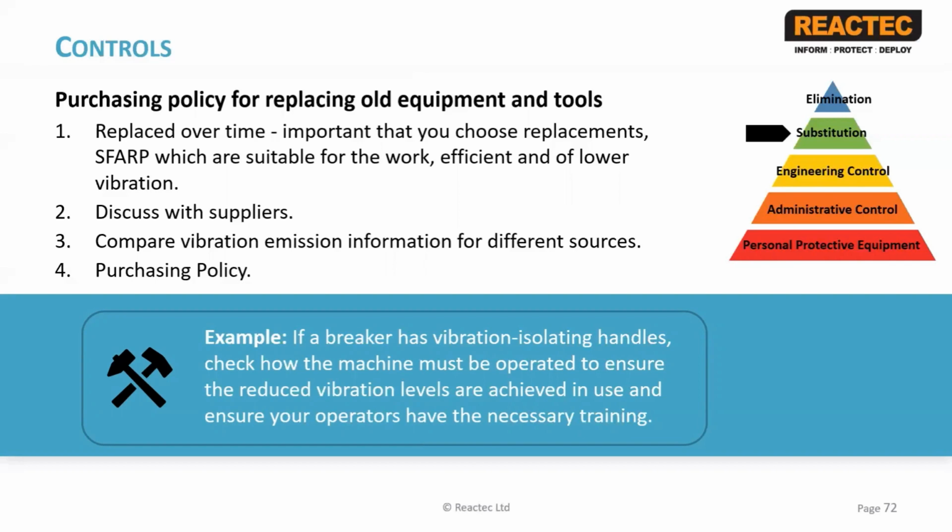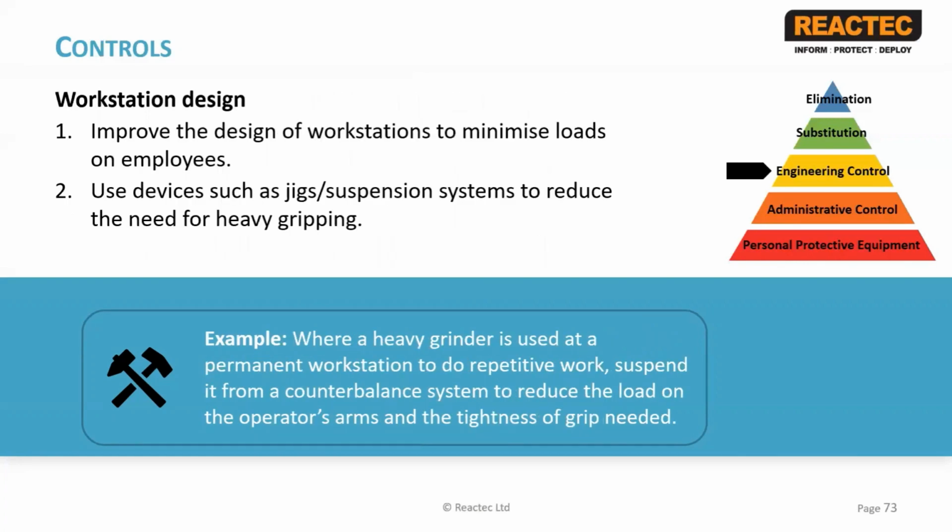And make sure that you compare vibration magnitude information from a number of different sources. The example showing here is if a breaker has anti-vibration handles, make sure that you know how the machine should be operated such that the benefit is gained from those anti-vibration handles.